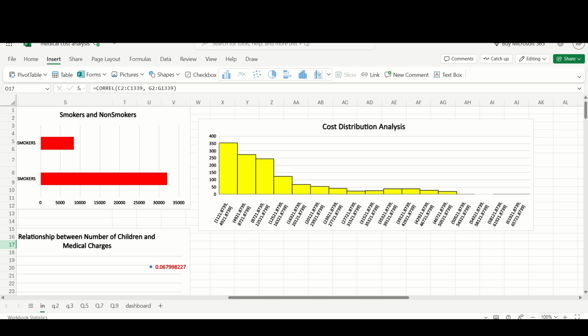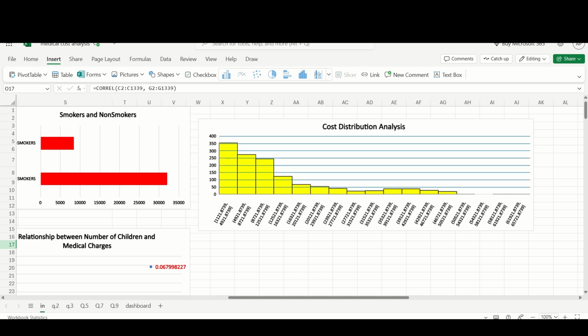As we move right, the bars become shorter, indicating fewer people had those higher medical expenses. So it helps estimate how many people fall into low, then medium, and then high medical expenses.